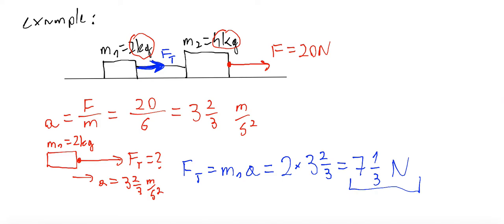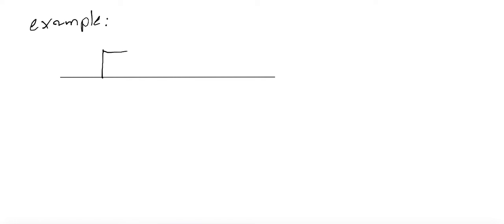Okay? So one more example. Similar situation, two objects, M1, which is 5 kilograms, connected with M2, which is 5 kilograms.